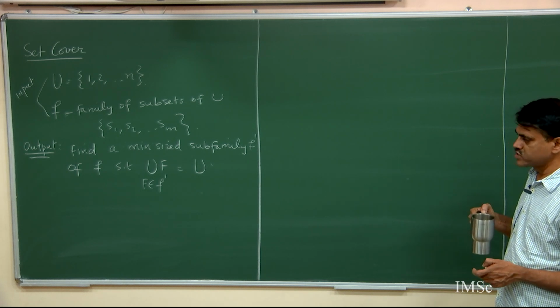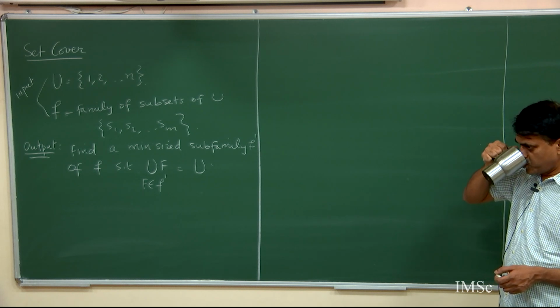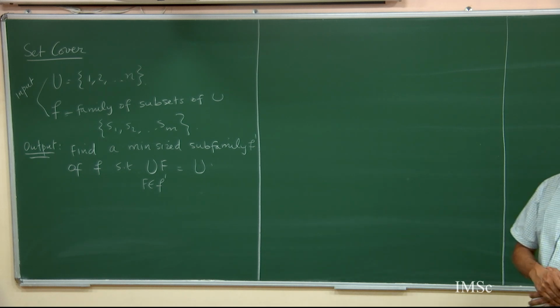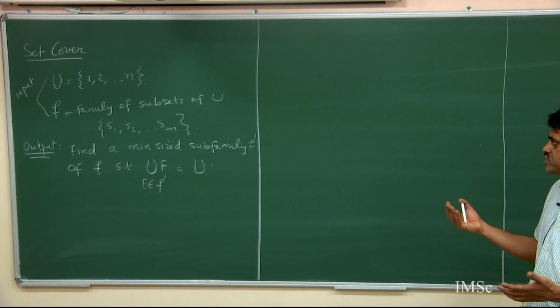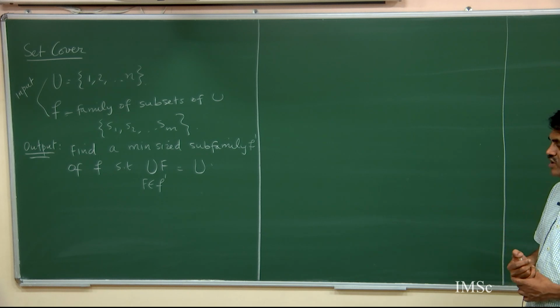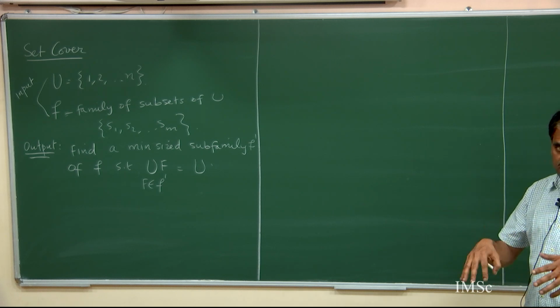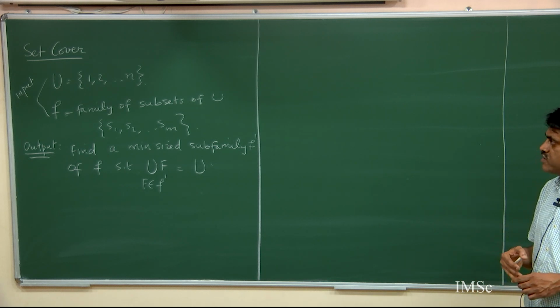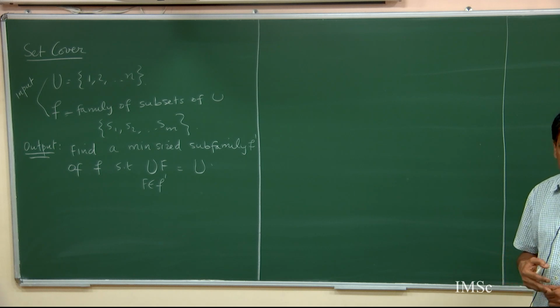So, what would be a brute force exponential time algorithm? Right, all subsets of F, because the solution you are looking for is a subset of F. Try all possible subsets of F, which gives you a family of subsets. Take their union and see whether that covers the universe, and pick the one which is the minimum sized.